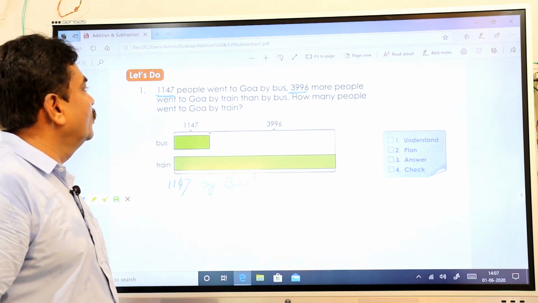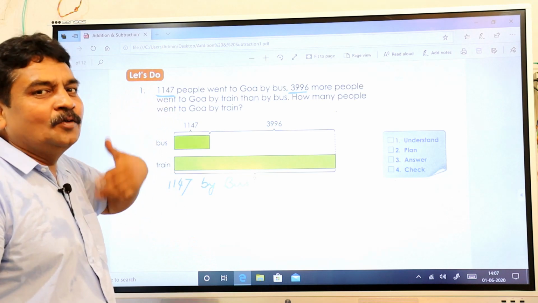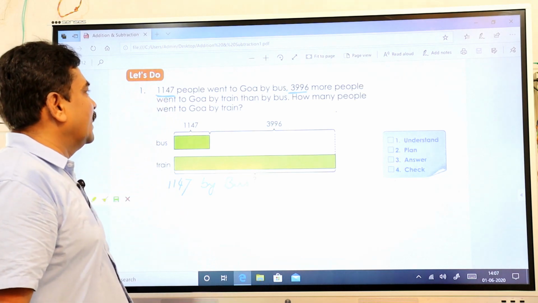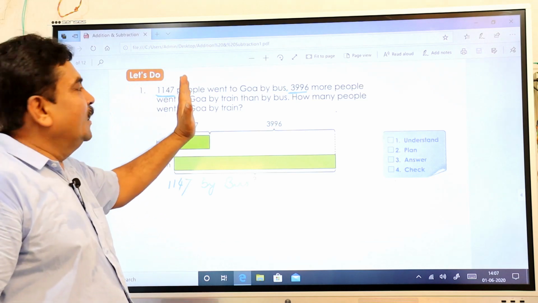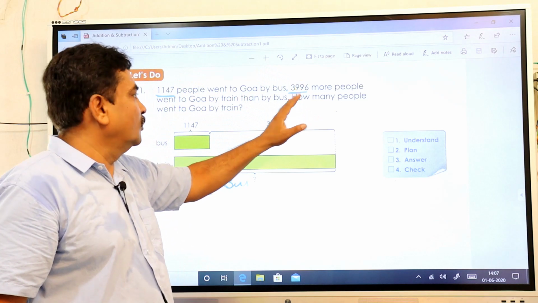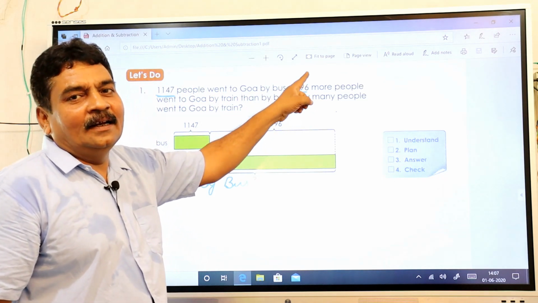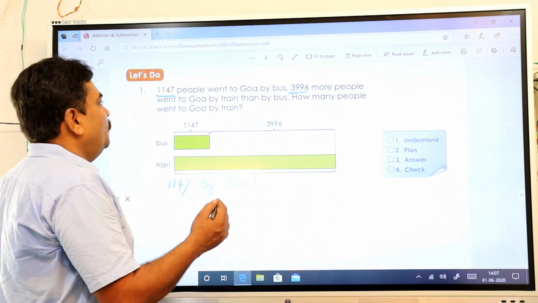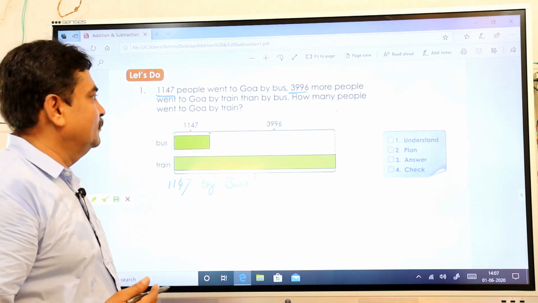So how many people went to Goa by train? How are you going to do this? I am repeating the question again so that you can understand. 1,147 people went to Goa by bus. 3,996 more people went to Goa by train than by bus.